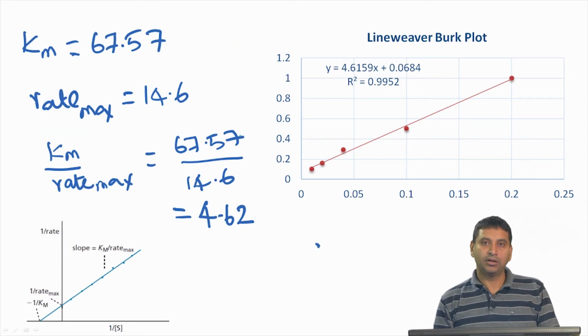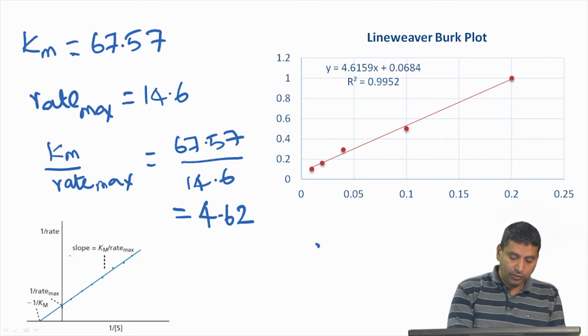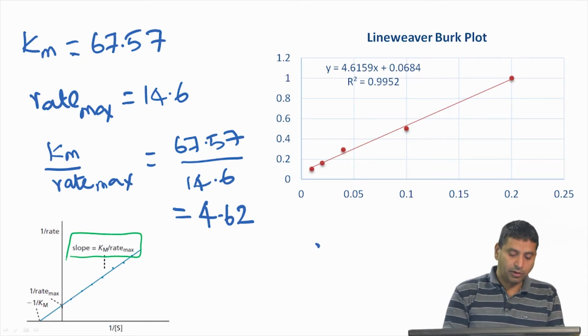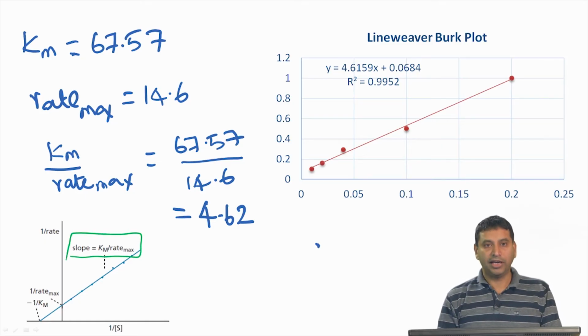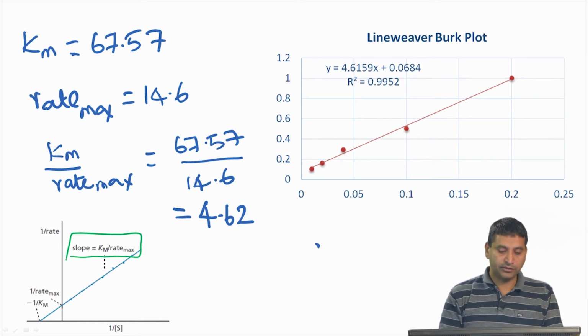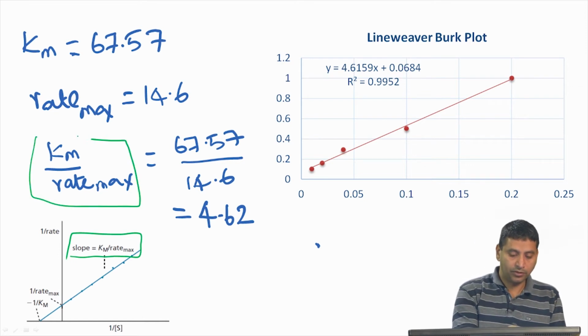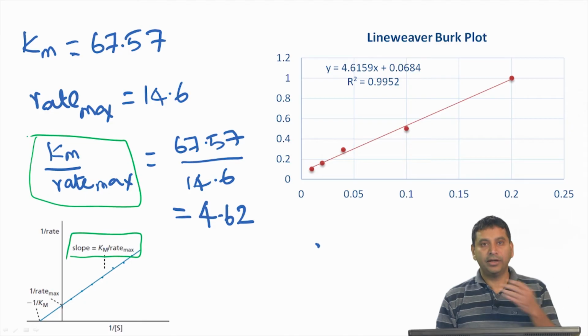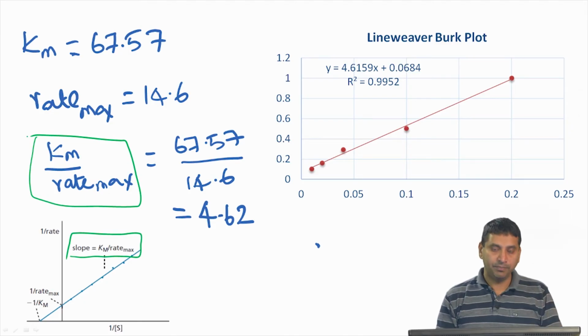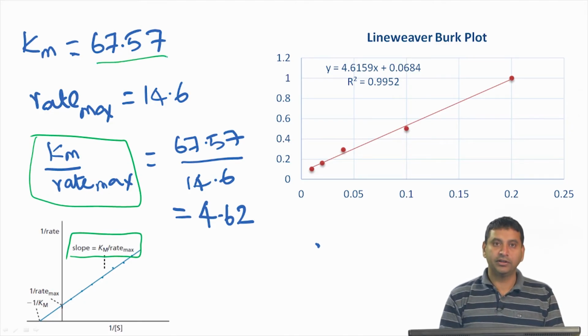Now, let us see if we are getting consistent data as far as the slope is concerned. According to the Lineweaver-Burk plot, the slope should be Km divided by rate max. That is what is shown here. We have independently derived Km, which is 67.57, and rate max, which is 14.6.